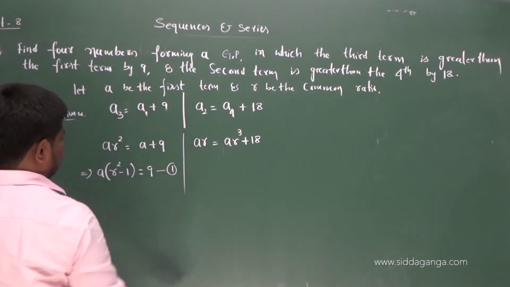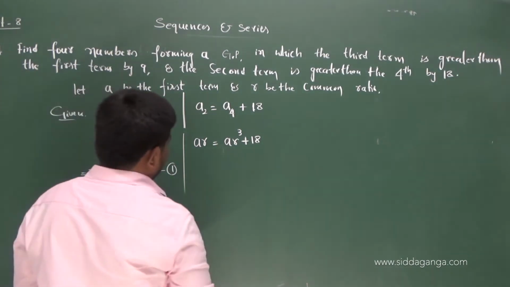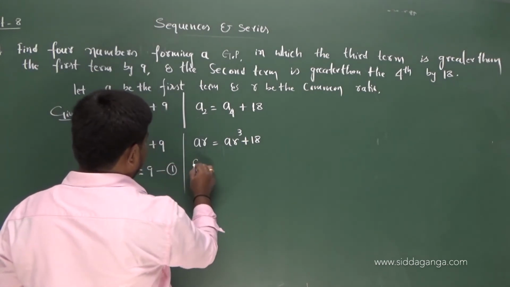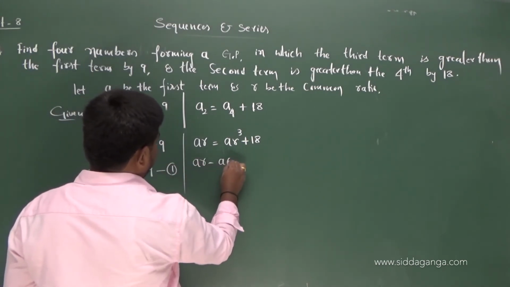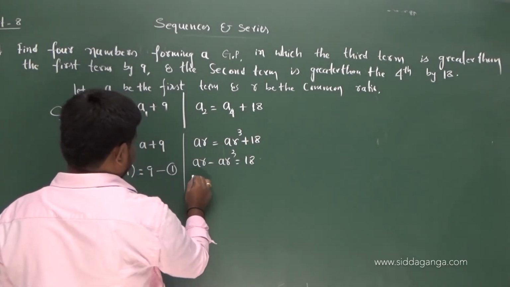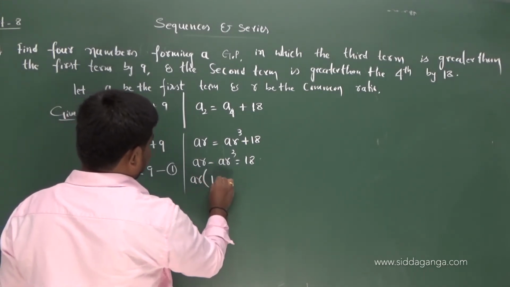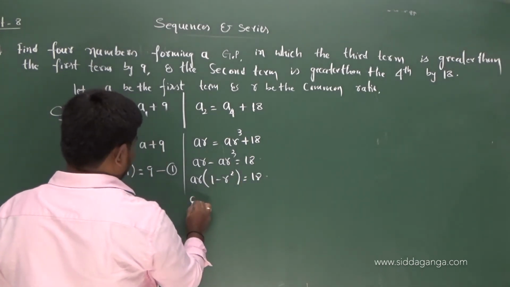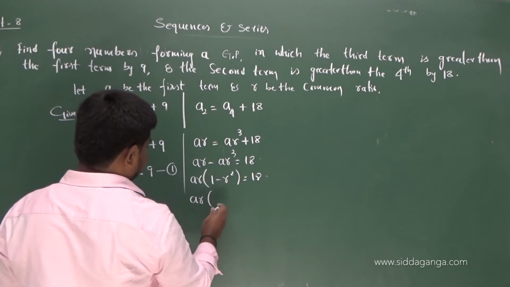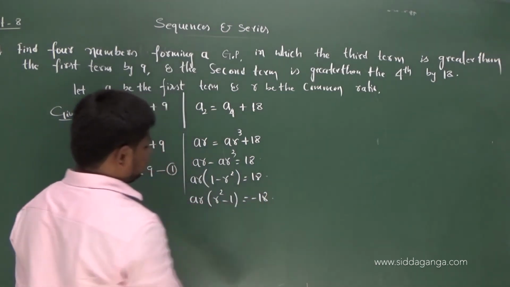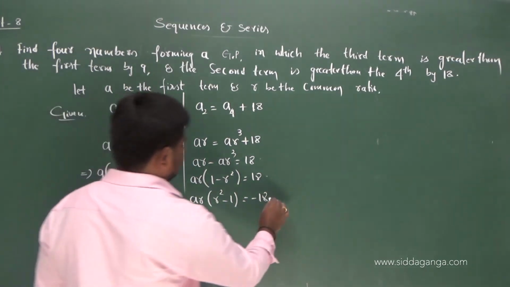Here also, AR minus AR cube is equal to 18, so AR(1 minus R square) equals 18, or AR(R square minus 1) equals minus 18. This is equation 2.